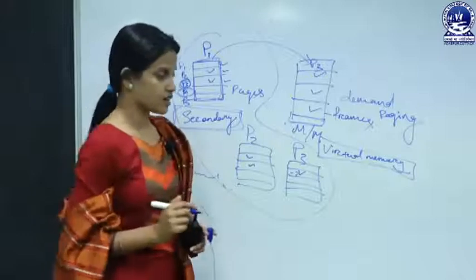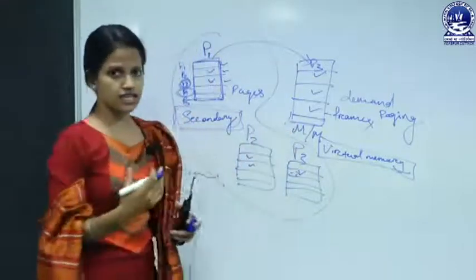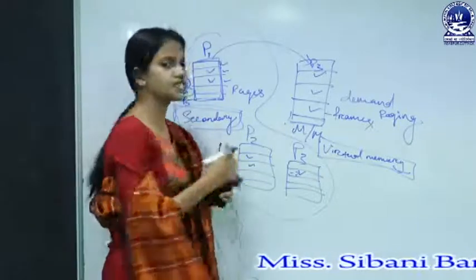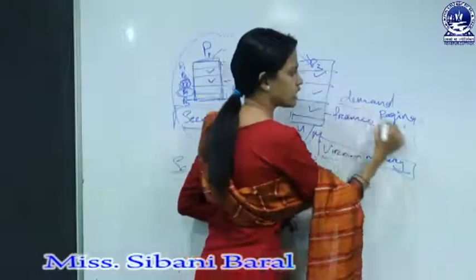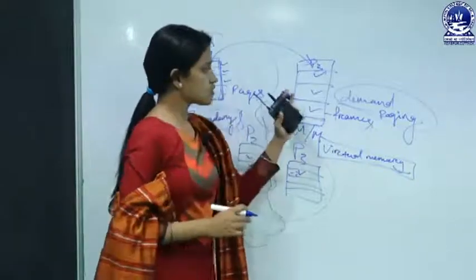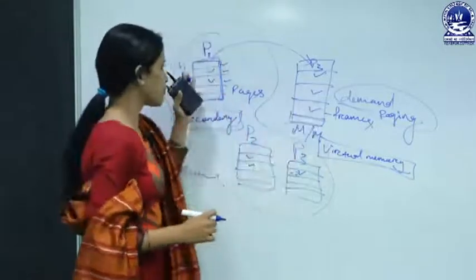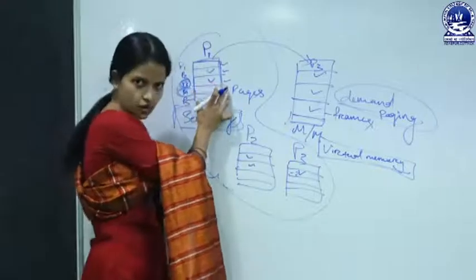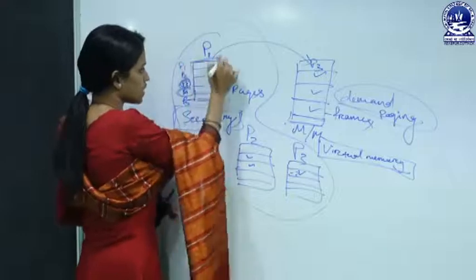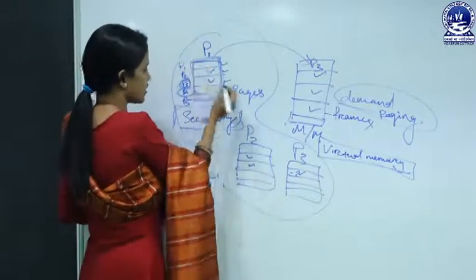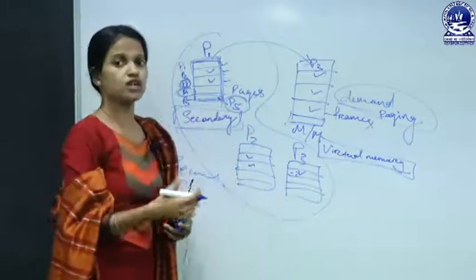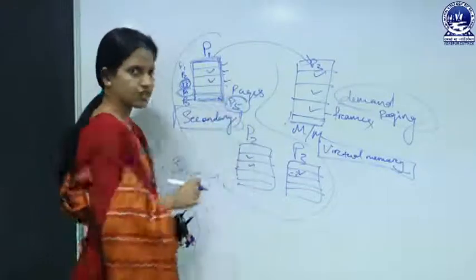And another thing is, during the execution of a process, there is a demand for pages, okay, and the page is not there in the main memory. Suppose P1 has to be executed now, and in the process of P1 there is a page, suppose the P5 page, which has to be executed next, which is in the secondary memory.